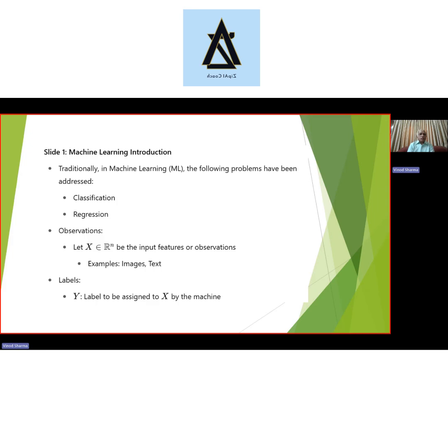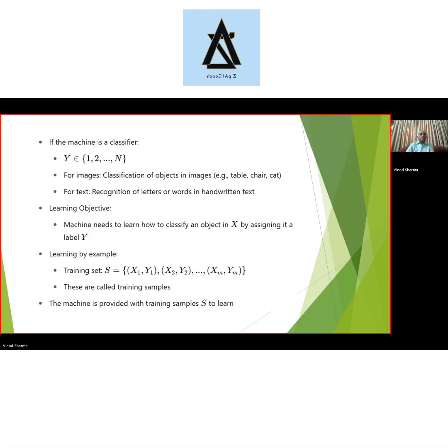Corresponding to each X, we have to put a label. We have to assign a label to X, and that needs to be done by the machine. If the machine is acting as a classifier, then Y will be a finite number of labels, 1, 2, up to n, some finite number. For example, it could be images, and you are talking about the classification of objects seen in the images.